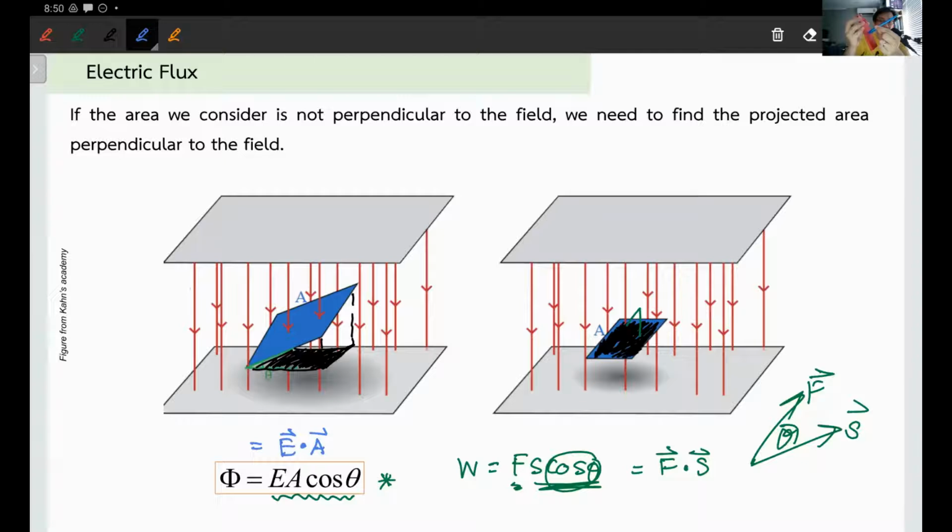You guys with me? Okay, one more time. If I see this to be an area vector, I will know right away that the actual area is going to be perpendicular to this. So that means I can point this towards you, and I will know that the actual area is going to be perpendicular to this. If it's pointing up, I know that the actual area is going to be horizontal.